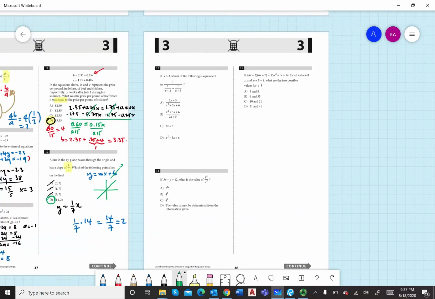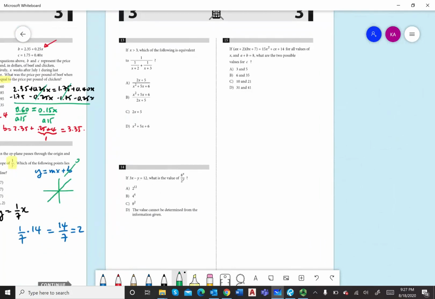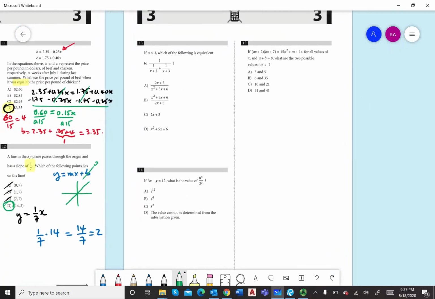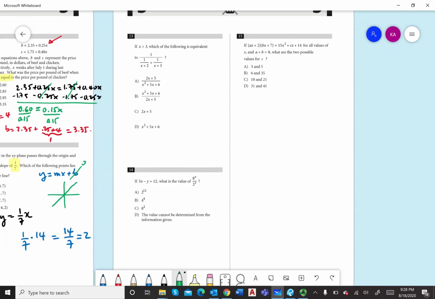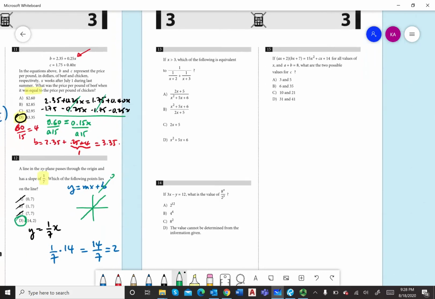Question number 13 says, if x is greater than 3, which of the following is equivalent to 1 over (1/(x+2) + 1/(x+3))? What you want to do here is manipulate that fraction so that it becomes a simple fraction.